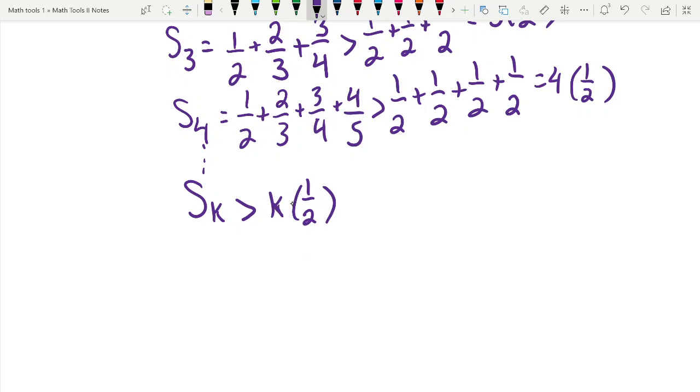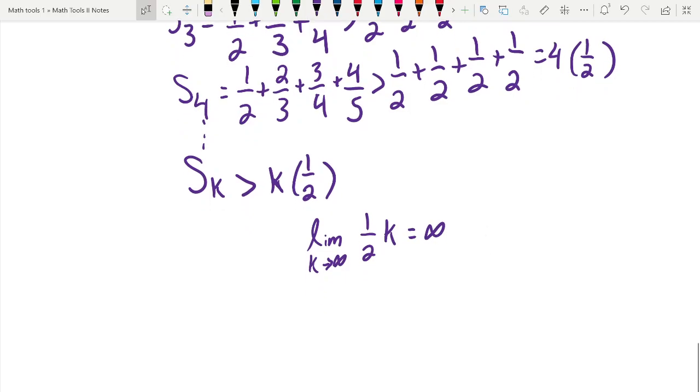K times 1/2 is clearly divergent, right? If we just look at 1/2 times k, the limit as k goes to infinity is just going to be infinity, because it's just a constant times that variable.